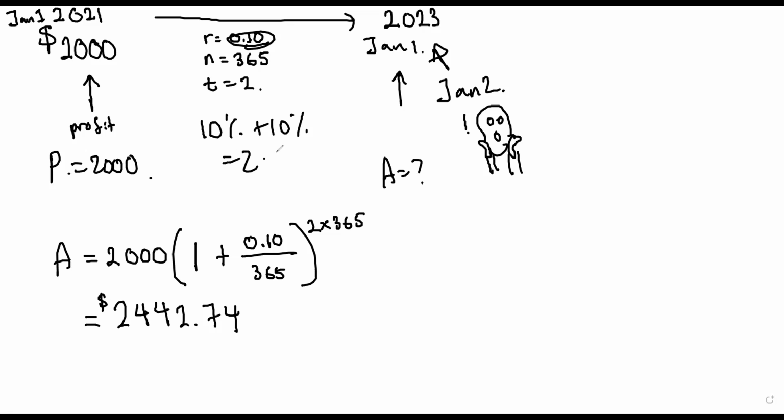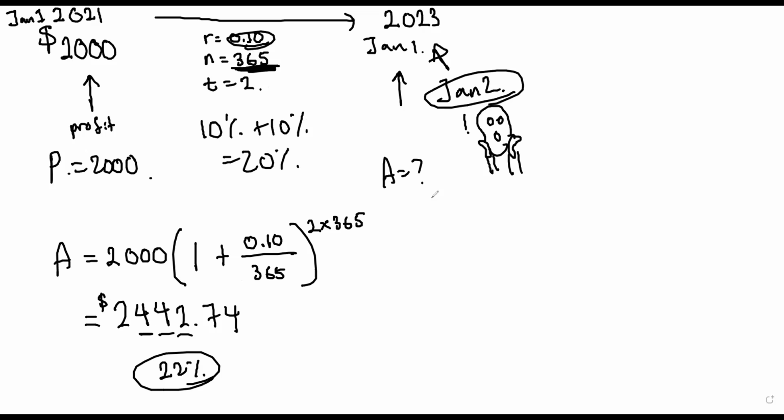It should be 20%, right? But because they are compounding interest, so their interest is making interest for them, you don't pay an extra $400, you pay 442. You're basically paying 22% interest. So if you're being irresponsible, that interest adds up and you don't pay 2000, you end up paying 2442.74. Oh my goodness, right?